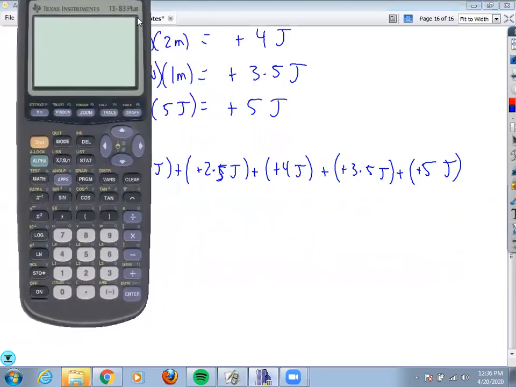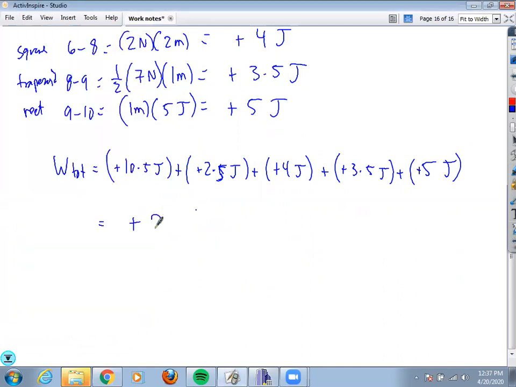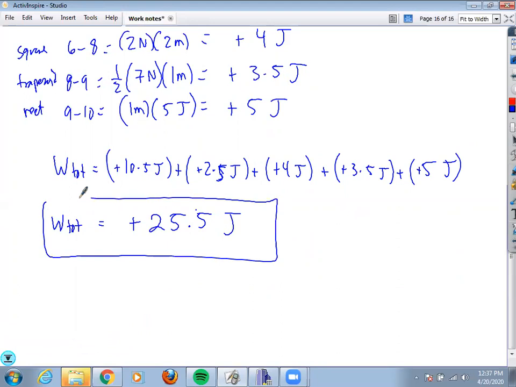Okay, so 10.5 plus 2.5 plus 4 plus 3.5 plus 5 gives us 25.5 joules. So positive 25.5 joules of work done in total when the object moves from 0 to 10 meters.